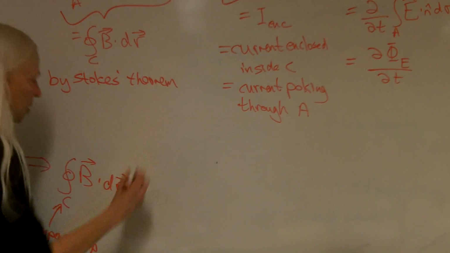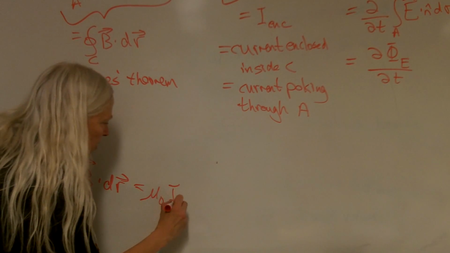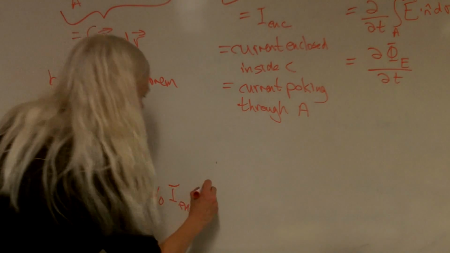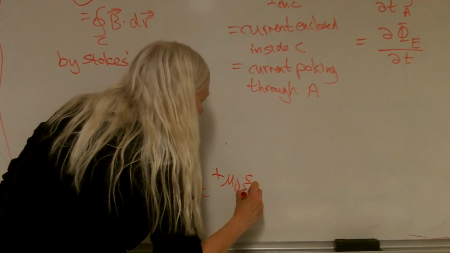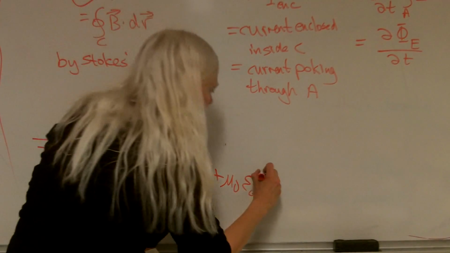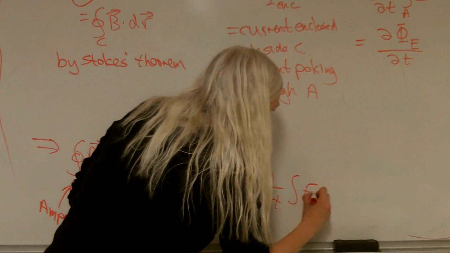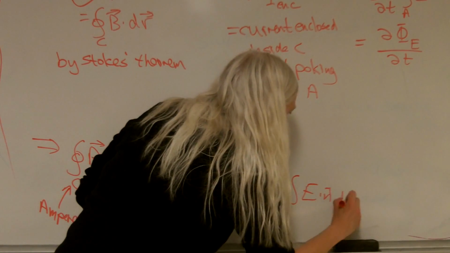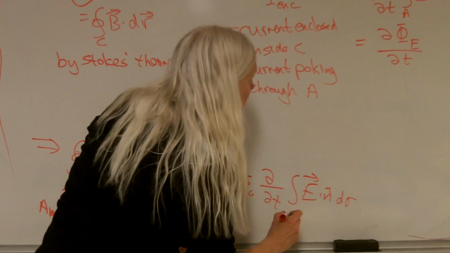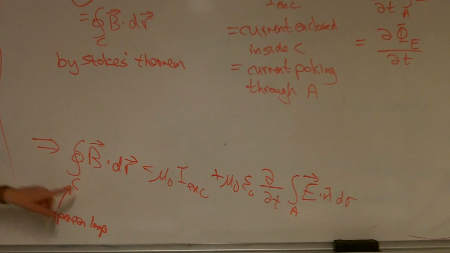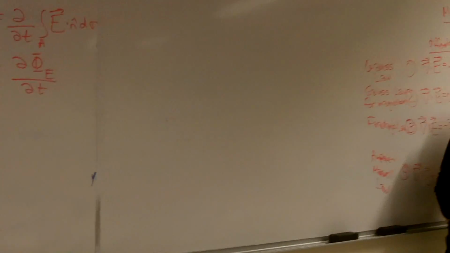And so this is equal to mu naught times the enclosed current passing through that loop, plus mu naught epsilon naught times the time derivative of the electric flux, or in other words, the integral of E dot n hat d sigma, integrated over the area A that is enclosed inside the Amperian loop C we had over here. So this is the integral form of the Ampere-Maxwell law.